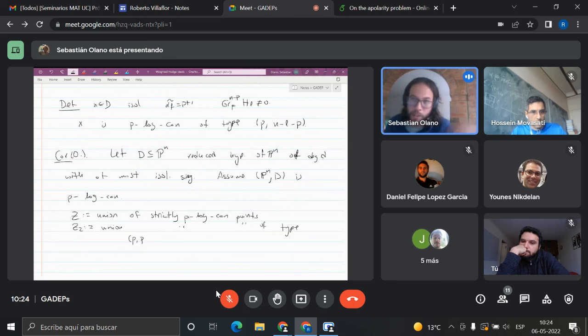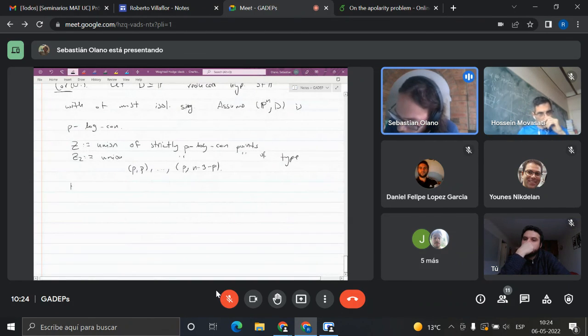This is a result also of the monodromy of the Milnor fiber, up until you exclude the last one. So the top one is (n minus 3, n minus 2 minus p). So you exclude the last one, and then the result is that you can count these points. This is the geometric application.